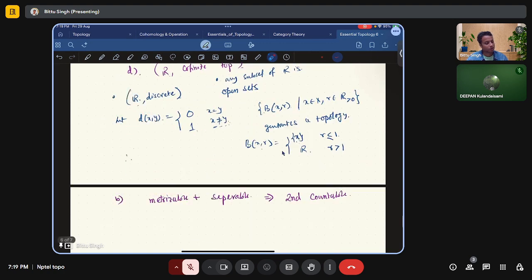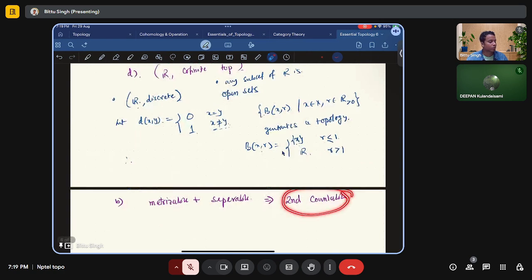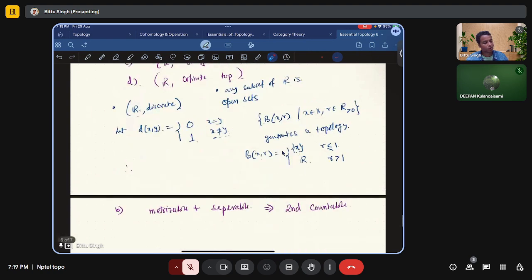if we assume this R with lower limit is metrizable, then that will imply R with lower limit topology should be second countable. But R with lower limit topology is not second countable.